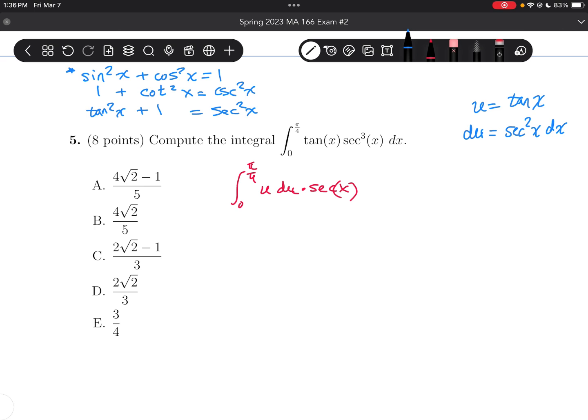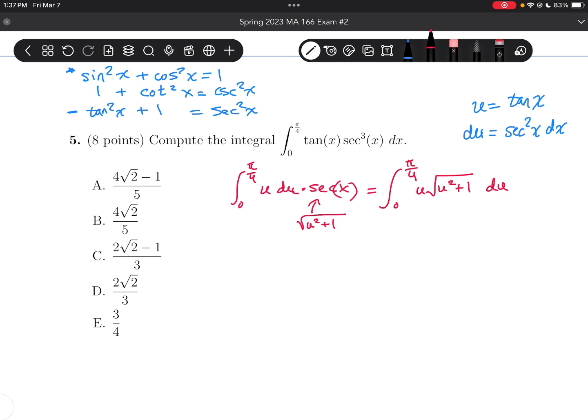So by the third equation that I wrote down here, this secant x would equal the square root of u squared plus 1. Because secant squared x is equal to tangent squared x plus 1, and we said that u is equal to tangent x. And that means that this would be our new u sub expression.